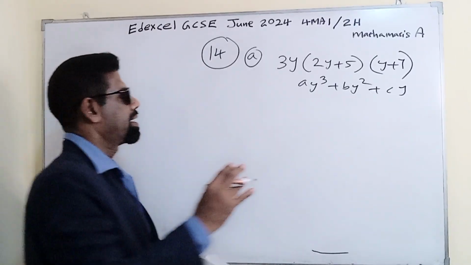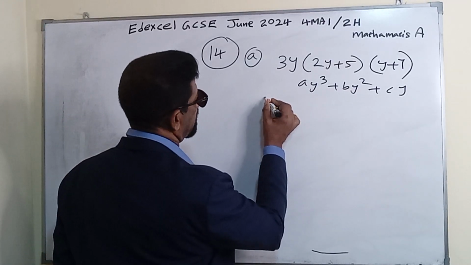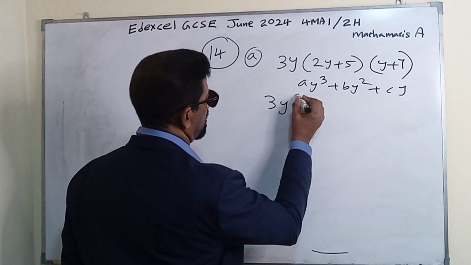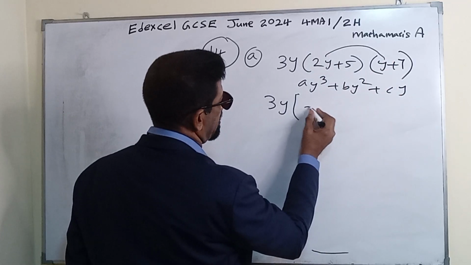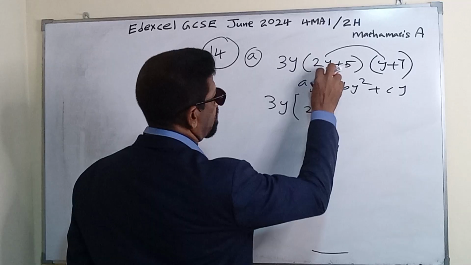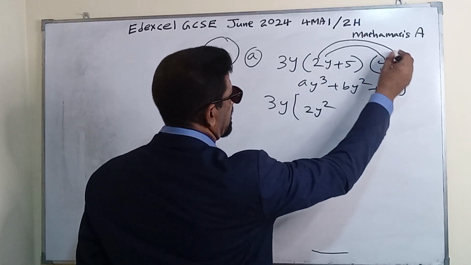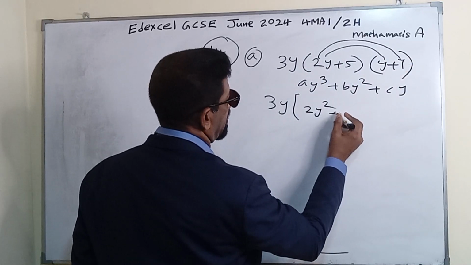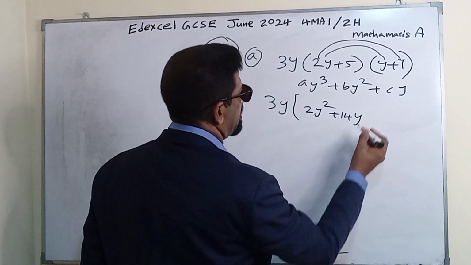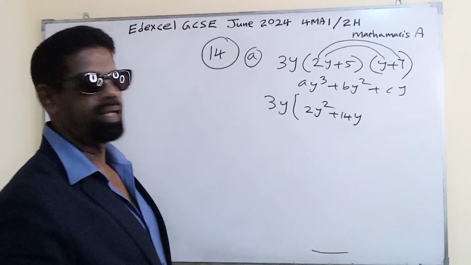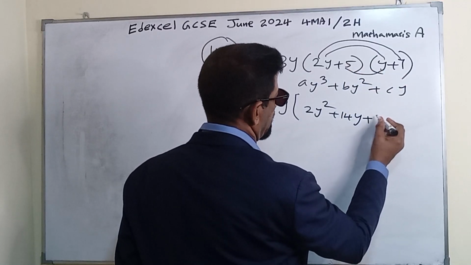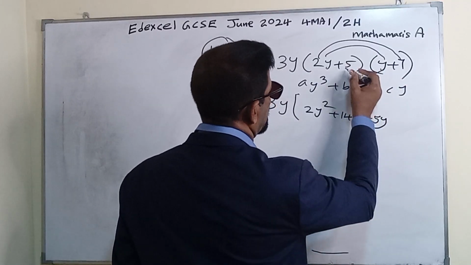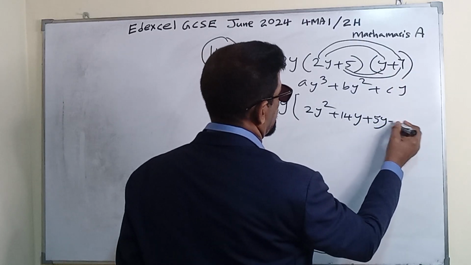This is factors, right? So 3y. This factor, this open brackets: that 2y squared, 2y times 7 is 14y. Easy. Okay, so that multiplied by 5y and that 35.